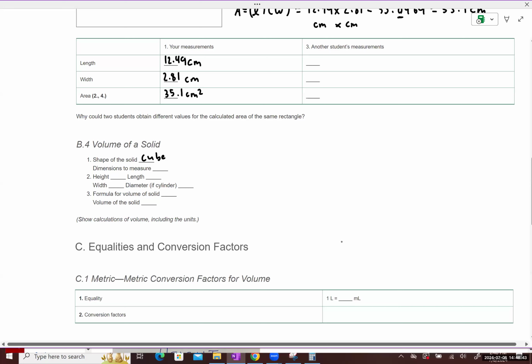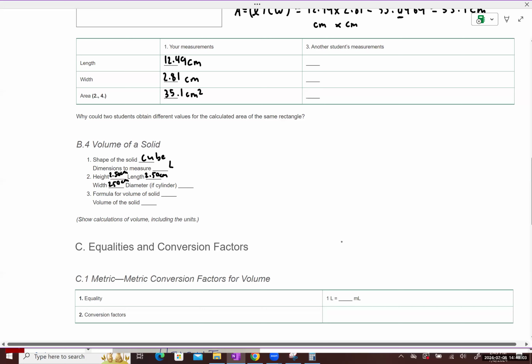So the dimensions to measure, we're just going to be measuring the length. The length, width, and height are all going to be the same, 2.50 centimeters.